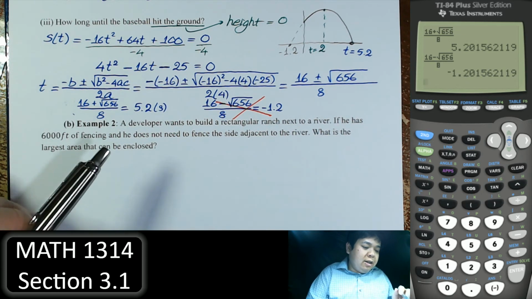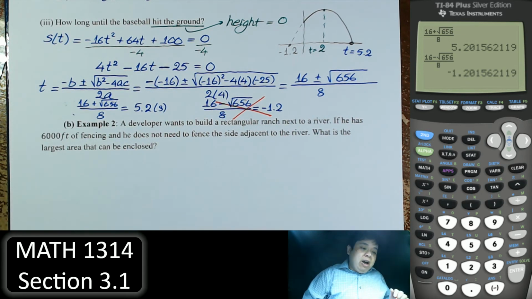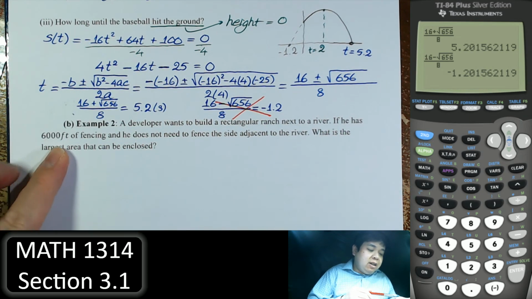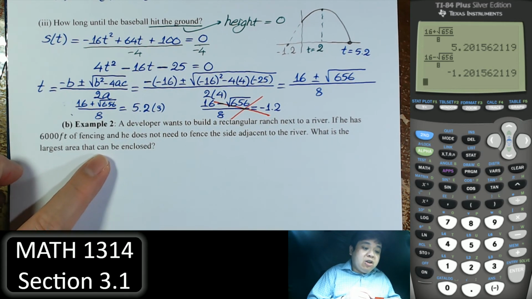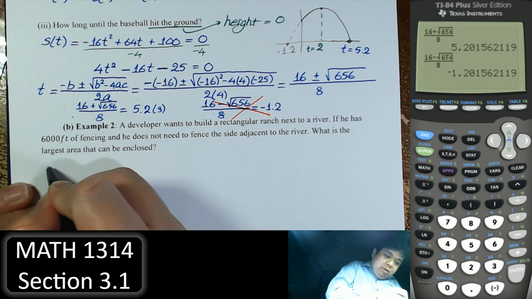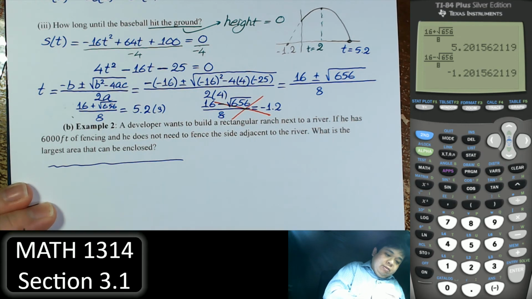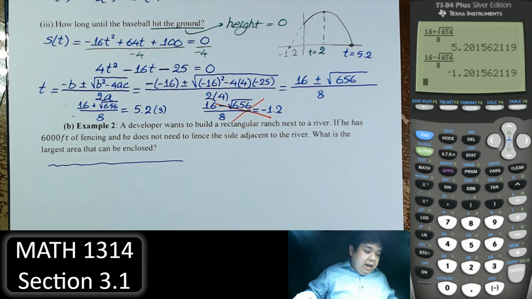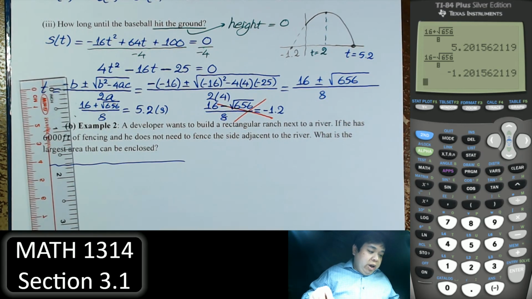Next, this one. A developer wants to build a rectangular range next to a river, and he has 6,000 feet of fencing, and he does not need to fence the side at the river bank. We're trying to build a rectangular range.